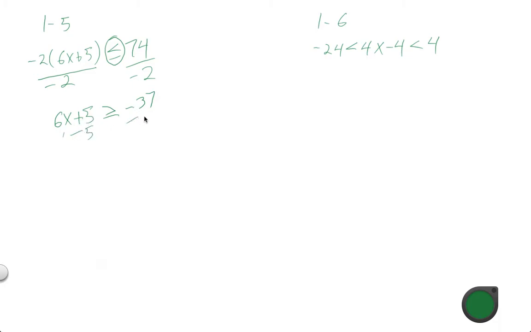Subtract 5 from both sides, and that gives me 6x greater than or equal to -37 minus 5, which is -42. Divide both sides by 6, and that leaves me with x greater than or equal to -42 divided by 6, which is -7.